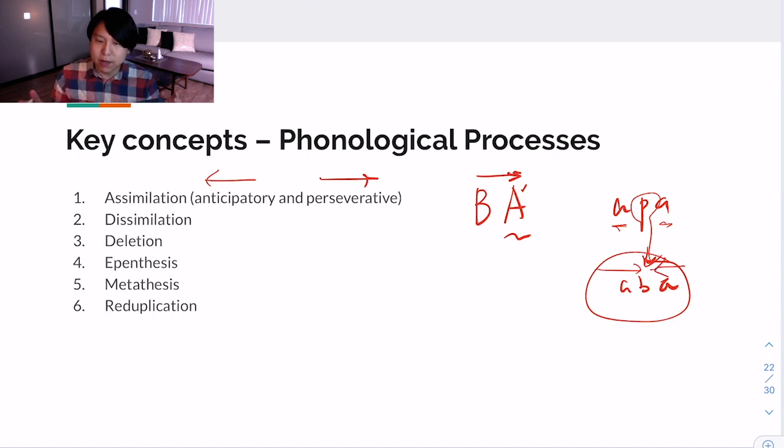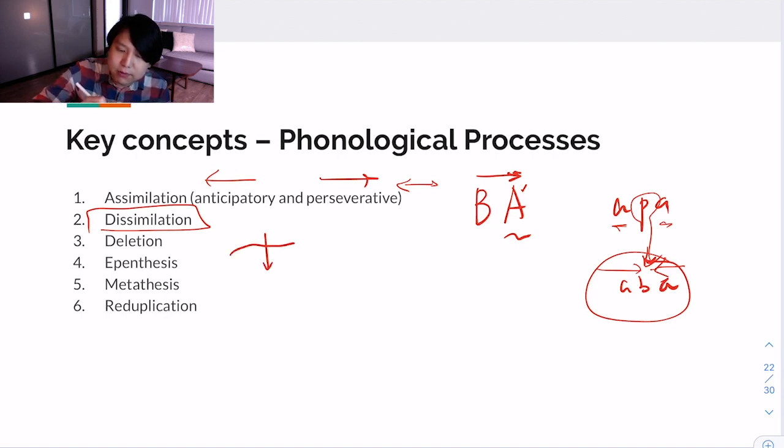So there can be three different ways: anticipatory, perseverative, and both directions. Dissimilation is the reverse process of assimilation. Whenever a sound changes in a way that it is more distinct from its neighboring sound, it's called dissimilation.